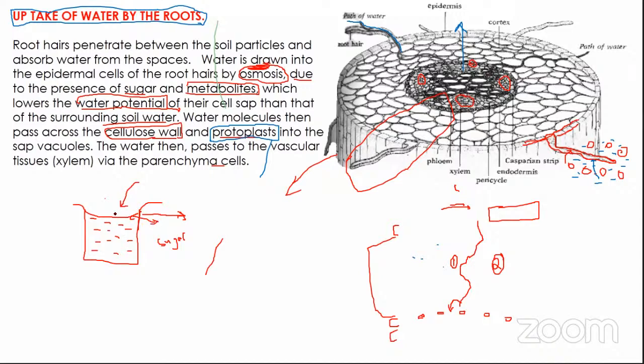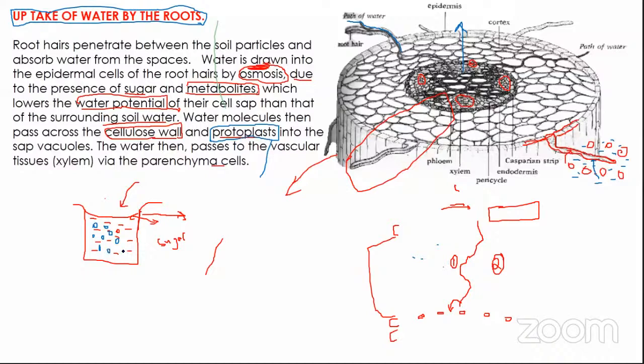Normally a solution with more solute has a low water potential. Let me get a blue pen here. I'm assuming these blue dots are representing a solute.